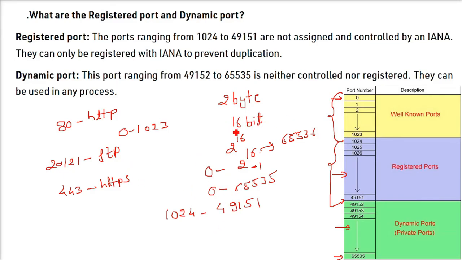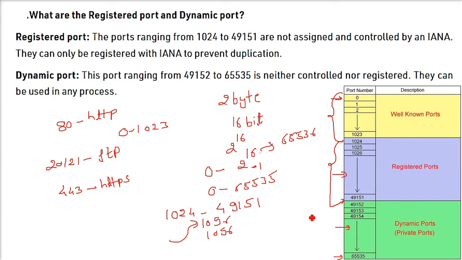They can only be registered with IANA. Why? Because there are many companies that want to use the ports, because ports are all about processes. So you have to go and register. For example, you cannot just start using 1096. No, you have to ask IANA, then they will give it to you.